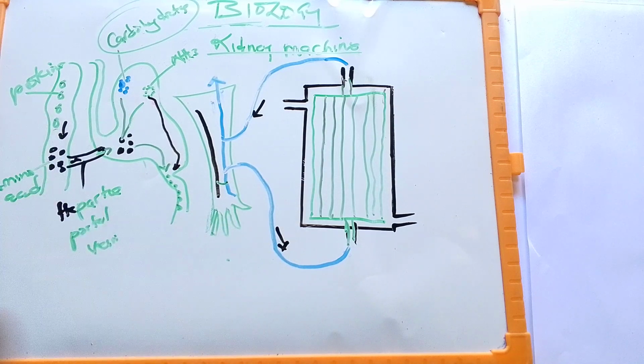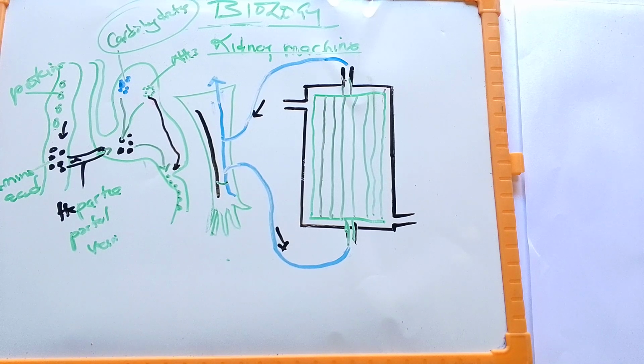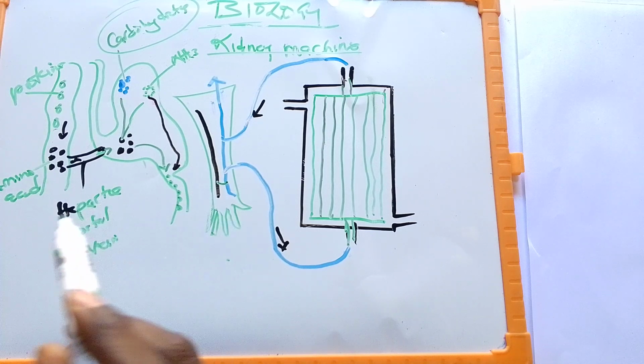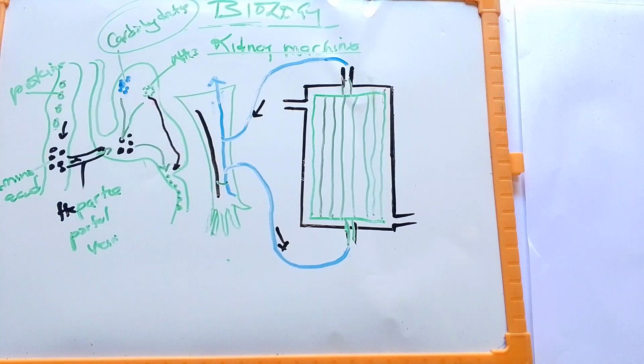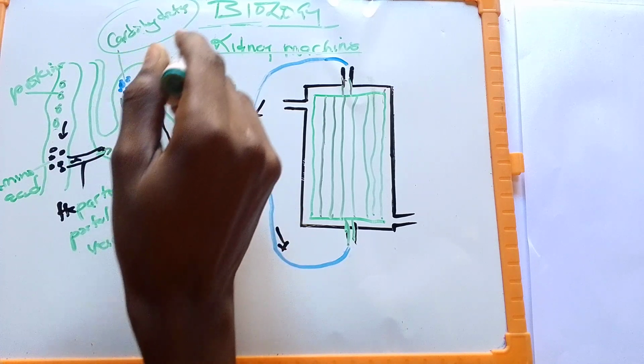So this is how urea is produced, from the proteins, the amino acids, then the amino acids into the liver, the excess will be converted to carbohydrates, then from carbohydrates, the other excess amino acid will form ammonia.